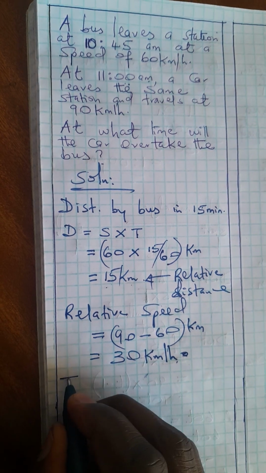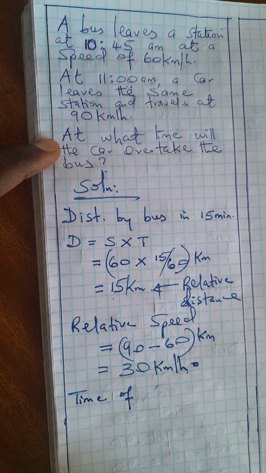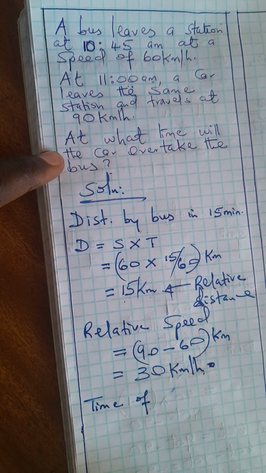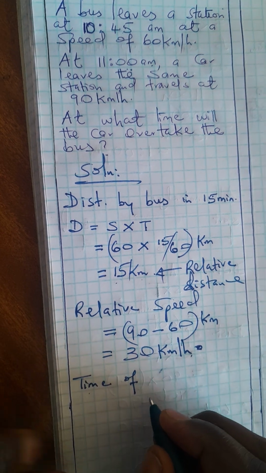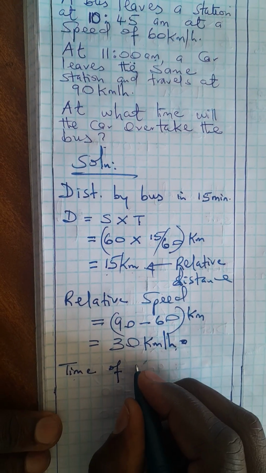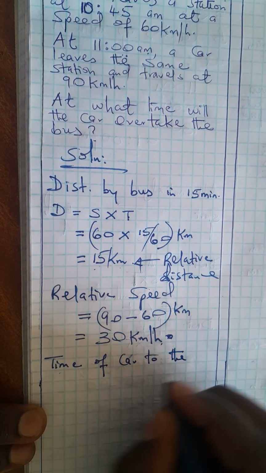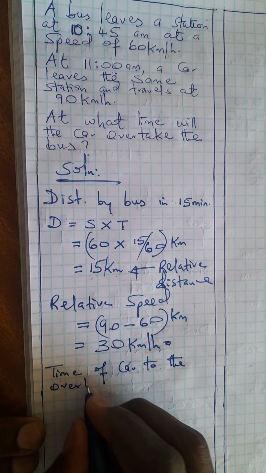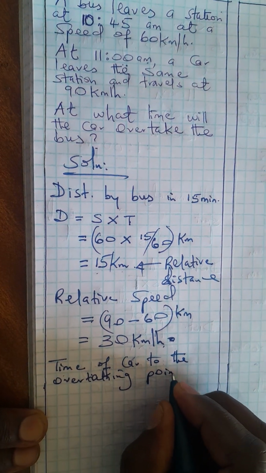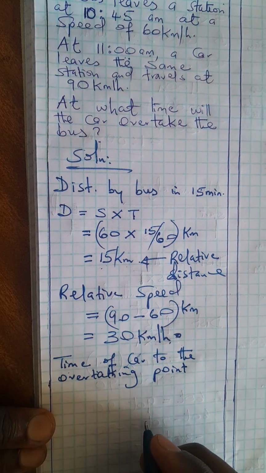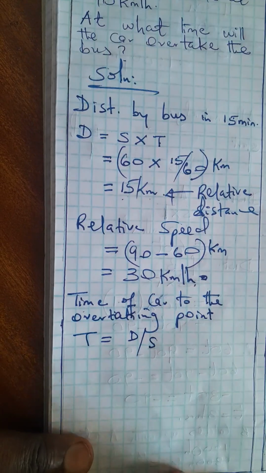So let us find the time. We have said that the car is going to catch up or overtake the bus because it is moving faster. So how much time is it going to take for the car to reach the overtaking point? Time is given by distance over speed.